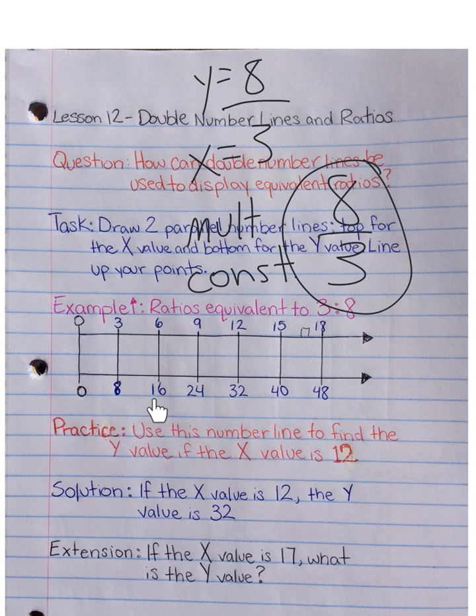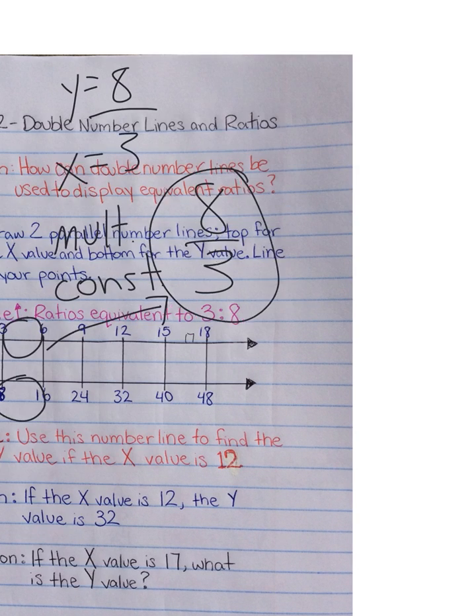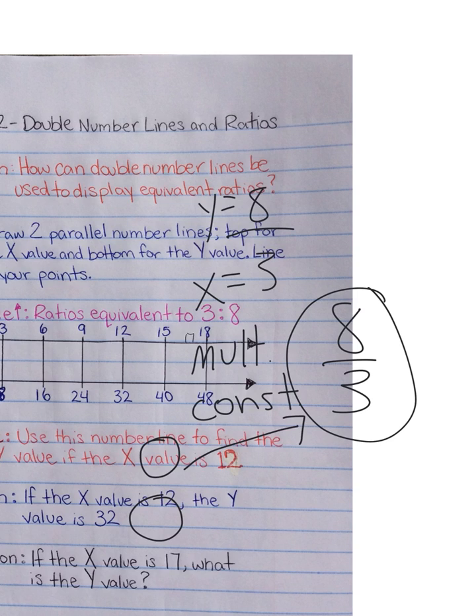So all we need to do is multiply 6 by our constant of 8/3, and that should give us 16. Come back over here, give ourselves a little bit of room to work.